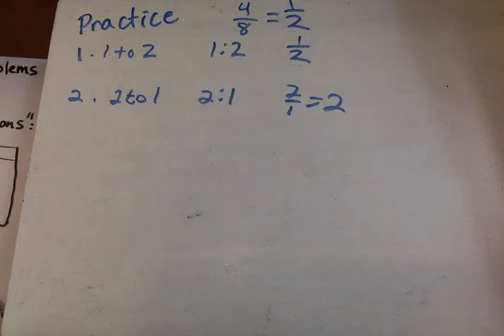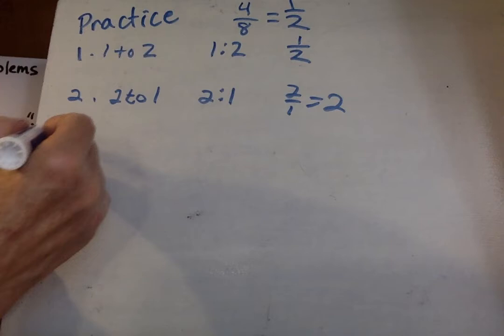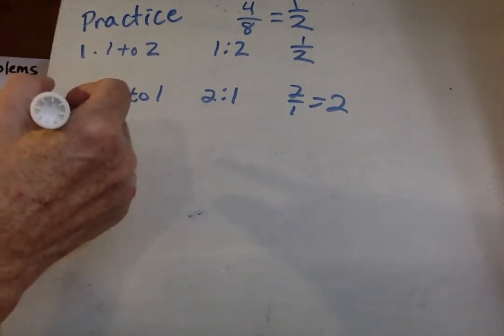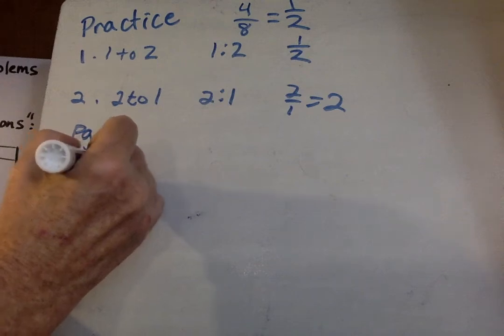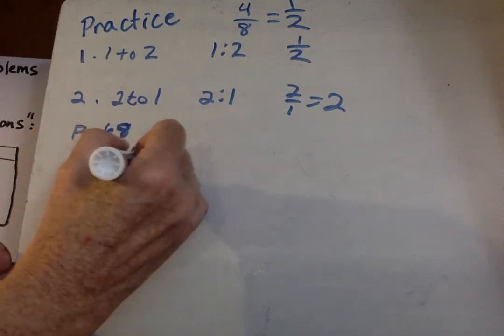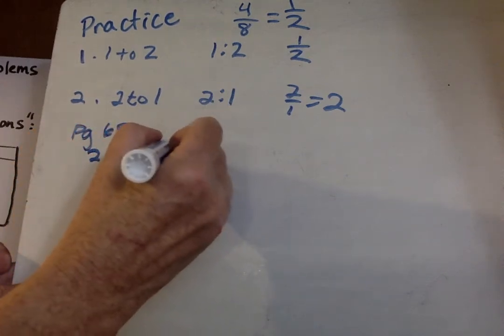All right. Next page. The height of a bookshelf is 6 feet and the height of a cupboard is 4 feet. Find the ratio of the height of the bookshelf. So on the next page, again, this is page 68. Number 2 at the top, 6 to 4. Is that simplest form?